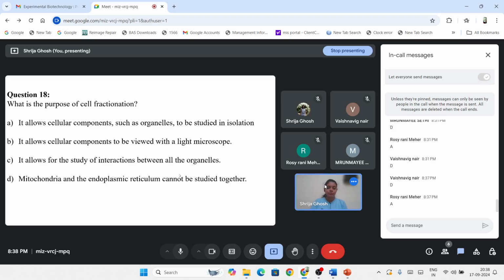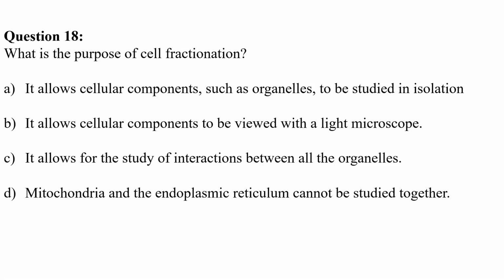Simranmai, with whom do you agree? Is it A or is it D? Okay, you are also saying A. Again, we have the majority for option A, so I'll also go with option A. It is the correct answer actually.